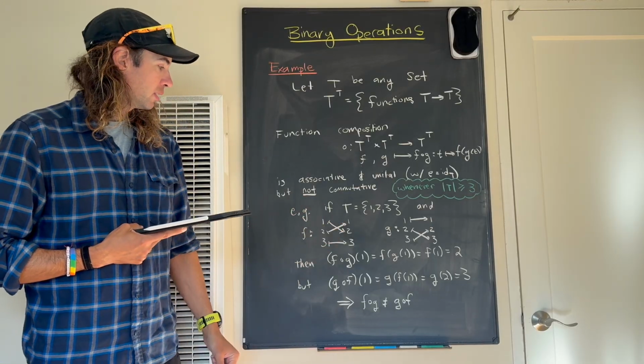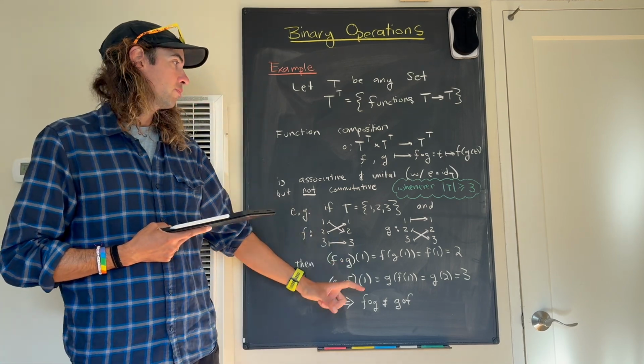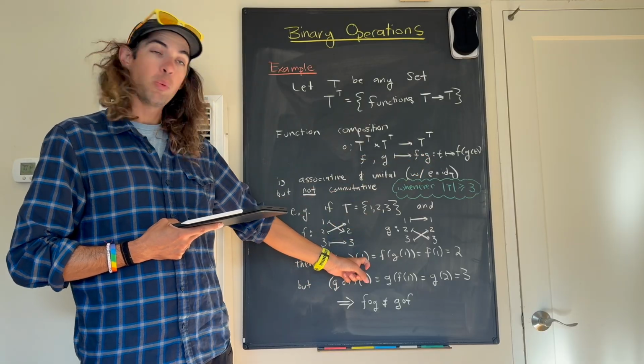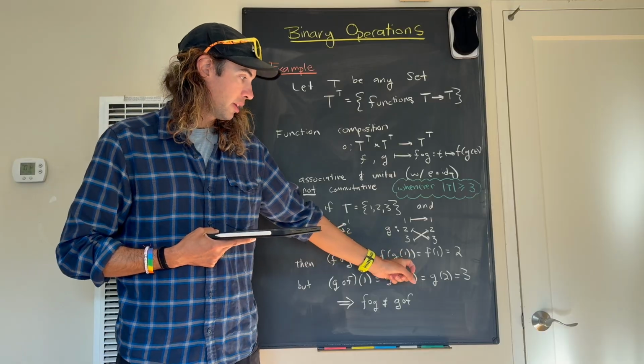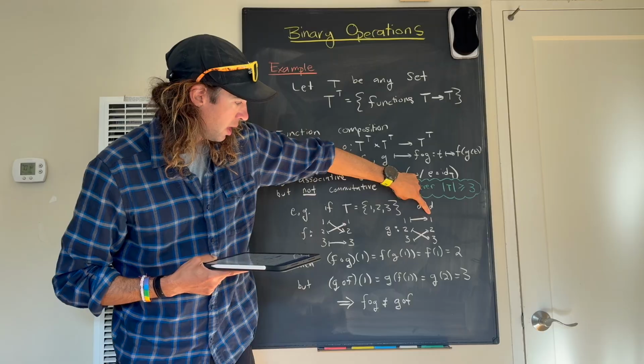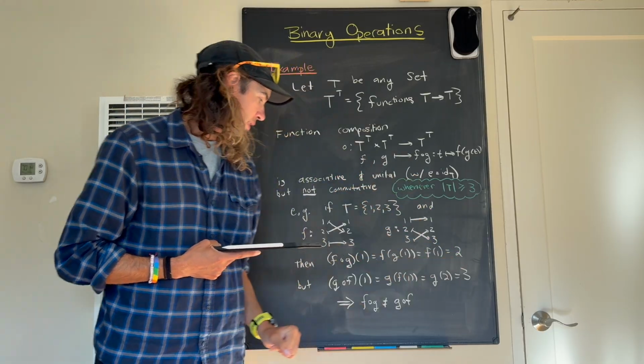That doesn't matter for this. So then we can compute f compose g, that's the binary operation applied to f and g. So f compose g of 1 is f of g of 1, which is, okay, let's see, g of 1 is 1, and then f of 1 is 2, great?